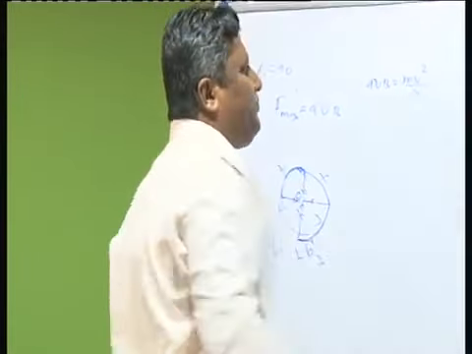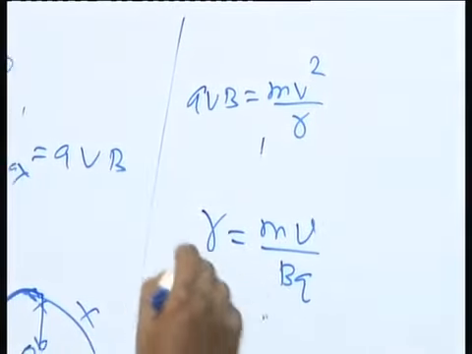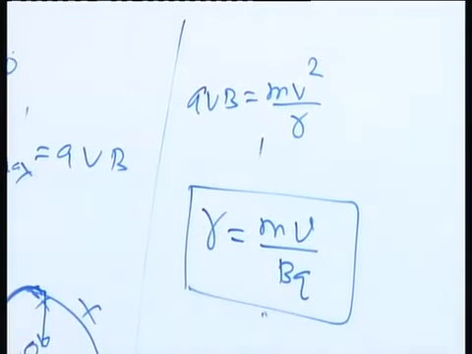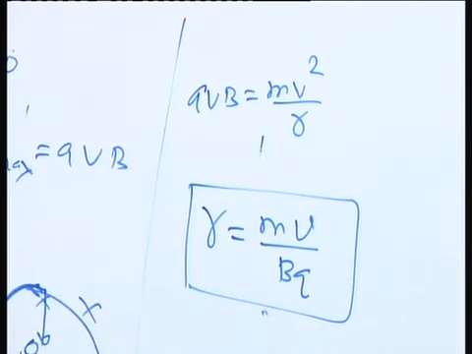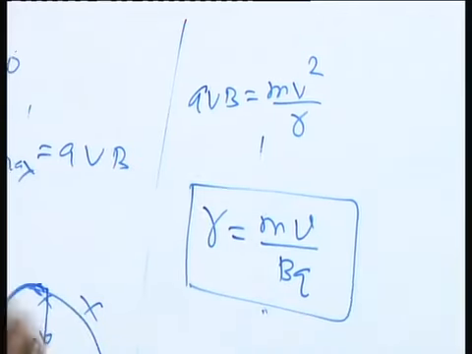Using this expression we can find the radius, that is r equals mv divided by Bq. This is the expression for the radius of the circular path when a charged particle enters the magnetic field perpendicular to it. Now we know that mass into velocity is momentum. Therefore we can express this expression in terms of momentum also.